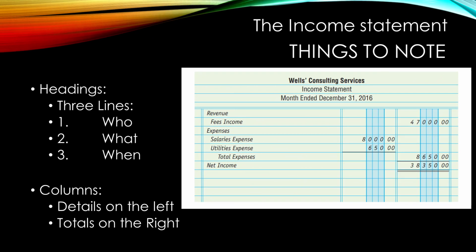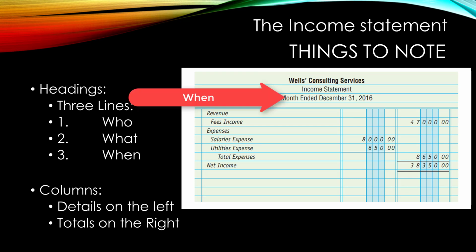Some other things to note about the income statement. All three financial statements will have a 3-line heading. These can best be summarized by who, what, and when. The who is the name of the company. The what is the name of the statement, in this case an income statement.